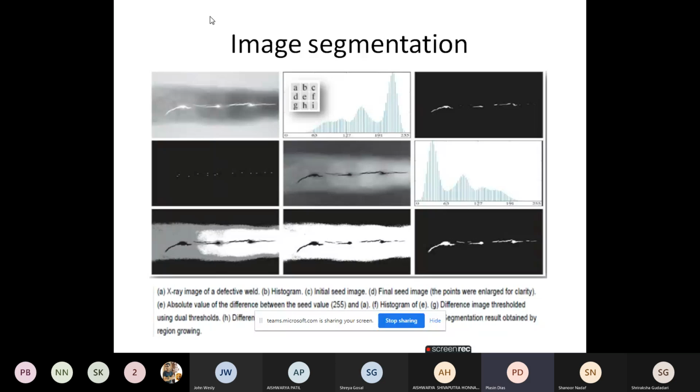Second thing, regarding the dual threshold: though we have not seen the value here, I think the graph itself has represented it. The difference image threshold was taken with the dual threshold. For the given figure, the threshold T1 was 68 and for the second level, T2 was 126.